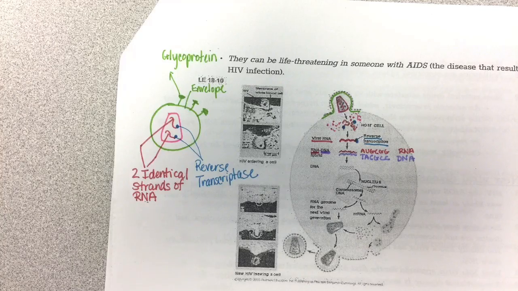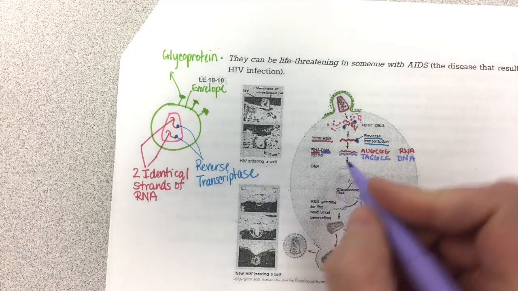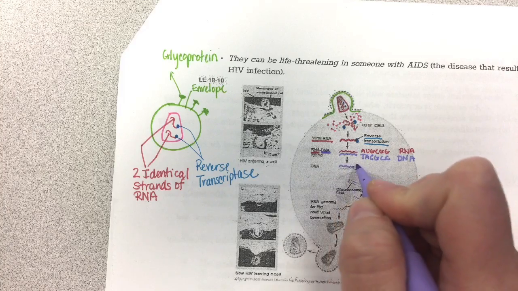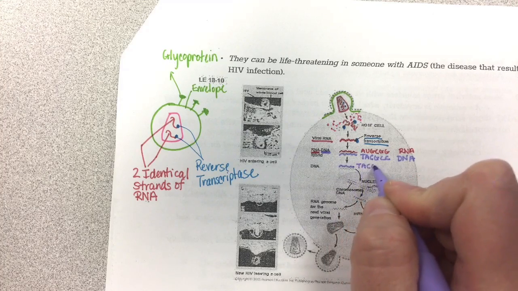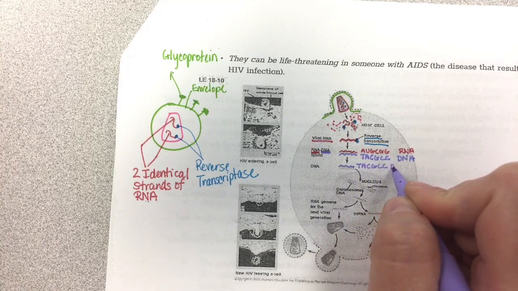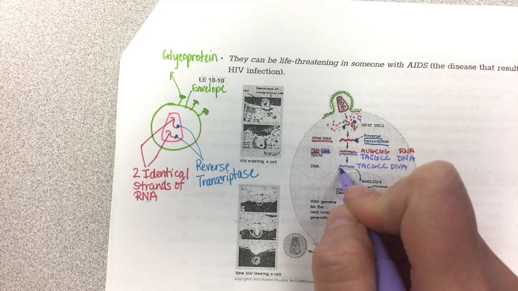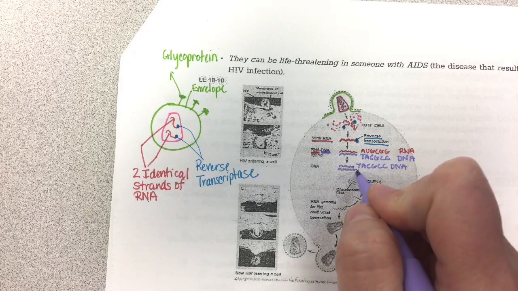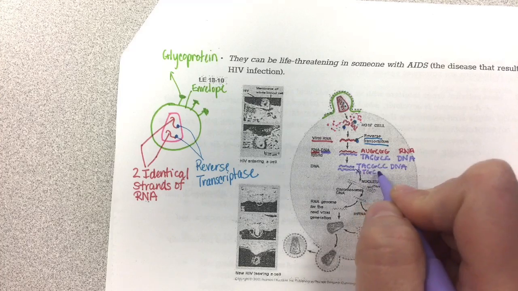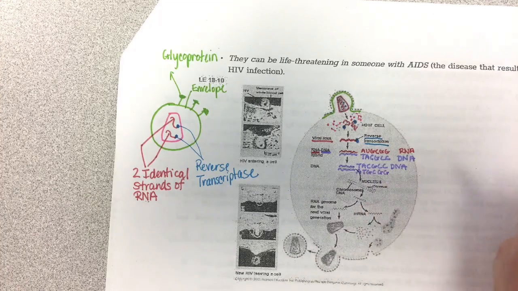If you know one side of the DNA, can you figure out the other side? Absolutely. So we take that single side, TACGCC DNA, and we make the complementary side: ATGCGG.